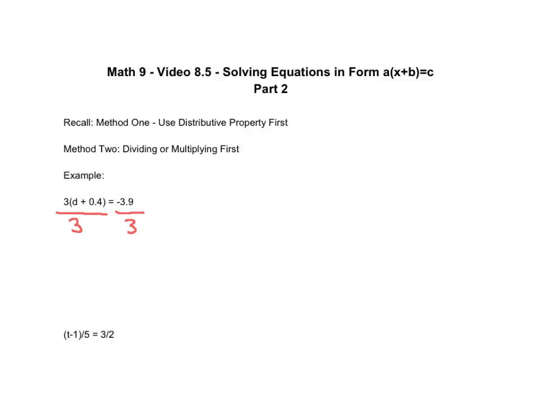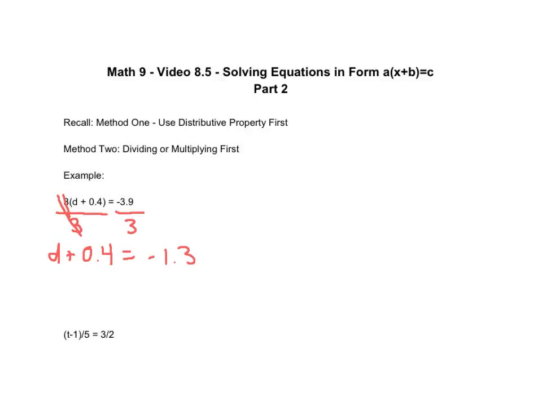By doing that, 3 divided by 3 is 1, which cancels off. So we are left with d plus 0.4 is equal to negative 3.9 divided by 3, which is negative 1.3. Now we can proceed just like we normally would.